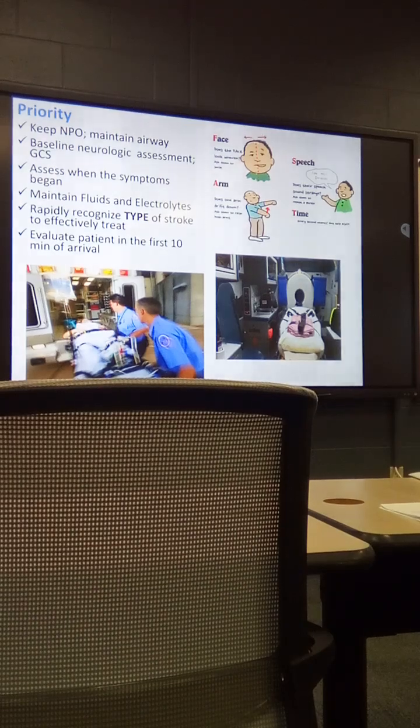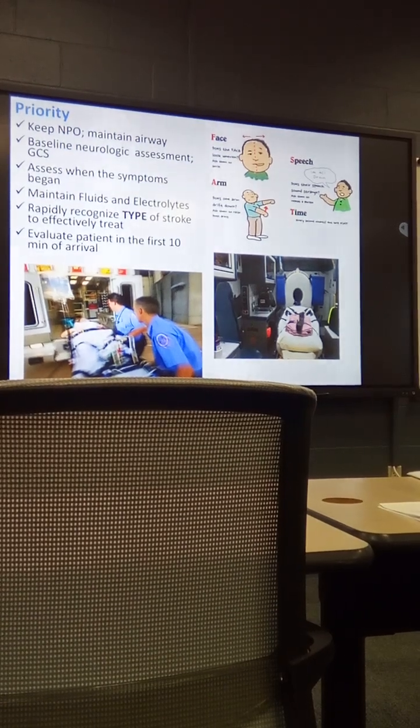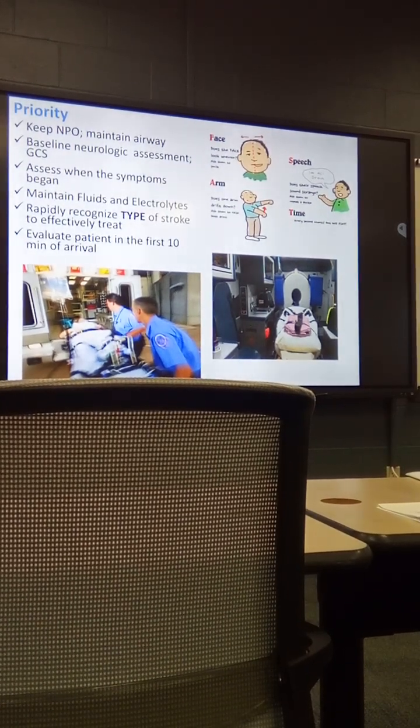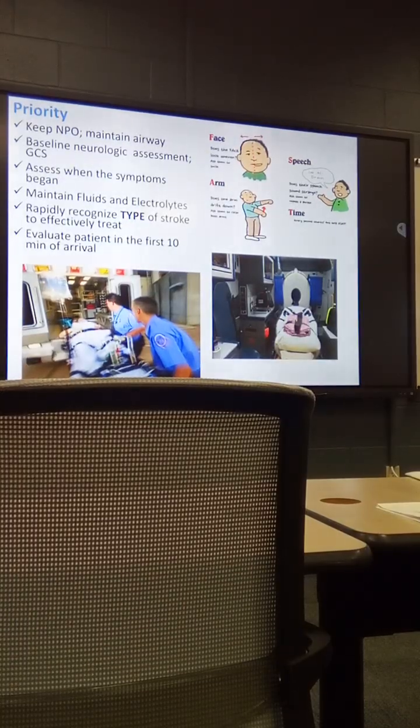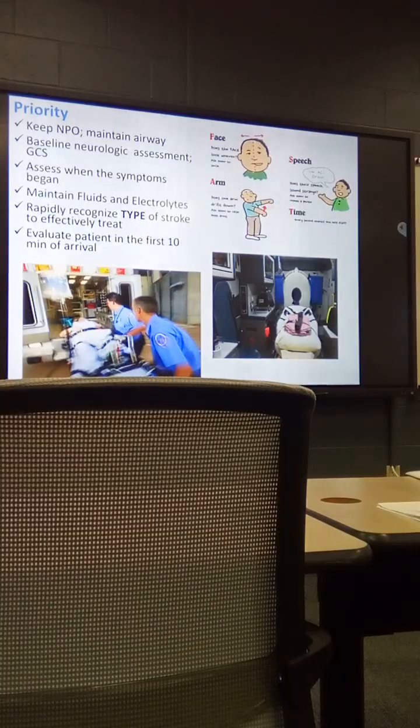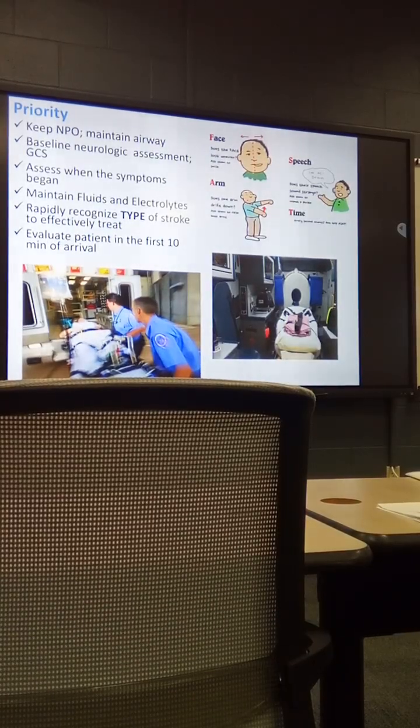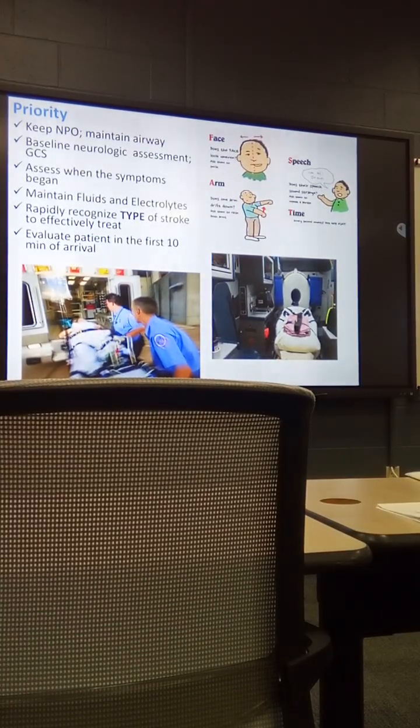So when we start TPA, we want 2 IVs in that arm. We're going to handle that patient with kid gloves afterwards because they're at risk for bleeding, and we don't want to produce any more trauma. We don't want them bleeding out.